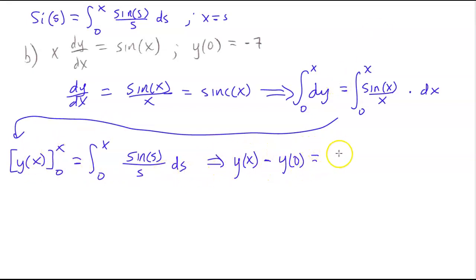And on the right side, we're just going to leave this as this particular definite integral. And of course, we know that all of this is just equal to Si, or sine integral of s. So we'll just erase all of this and replace it with sine integral of s to make life simple.